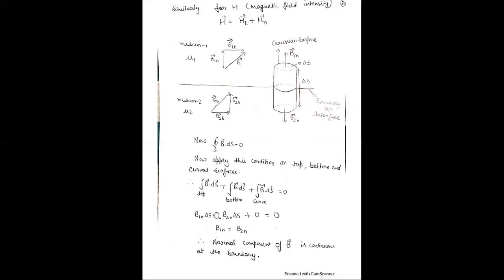Therefore, we use a negative sign, and the area is the same delta S, plus 0 because the area of the side surface is 0. Therefore, B1n is equal to B2n. From this, it is clear that the normal component of B is continuous at the boundary. As a result, there is no change in the normal component of B across the boundary. The normal component of B in one medium is the same as in the other medium.